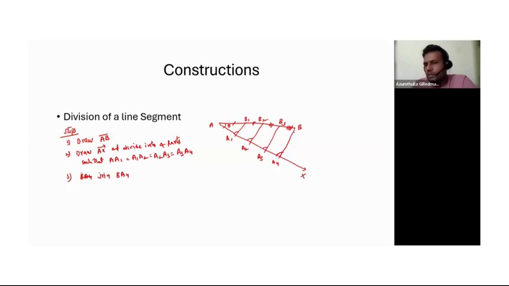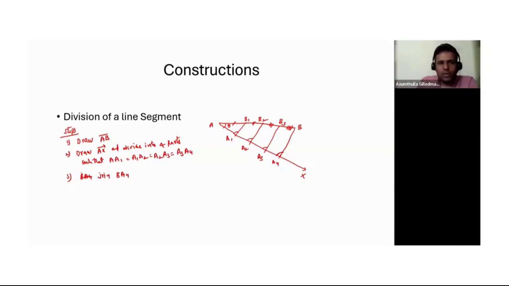And then with the same angle, draw parallel lines at A3, A2, and A1. Then it touches the line segment AB at B1, B2, and B3. Then AB1, B1B2, B2B3, and B3B are equal. So that's how you have divided a line segment into 4 equal parts.